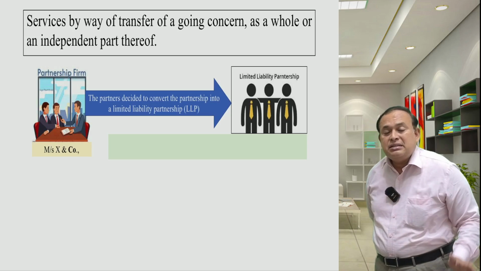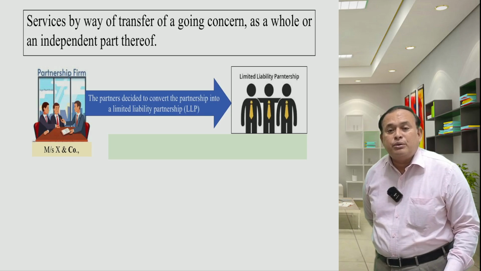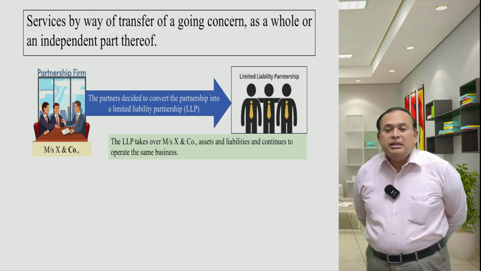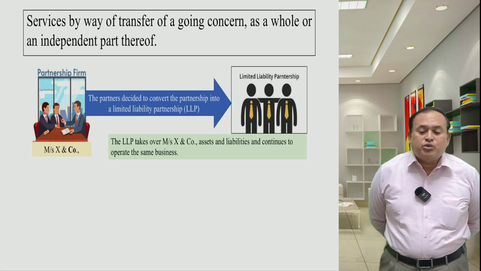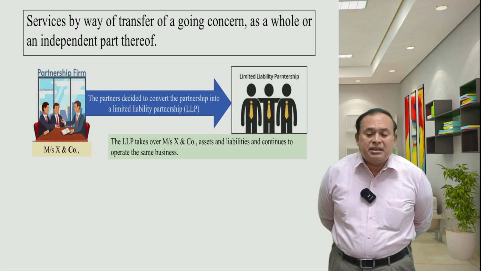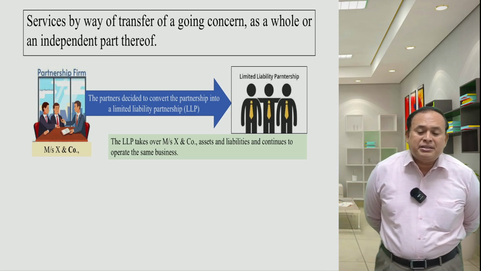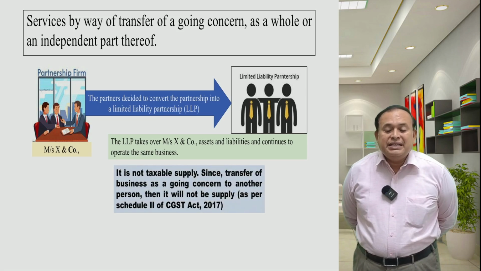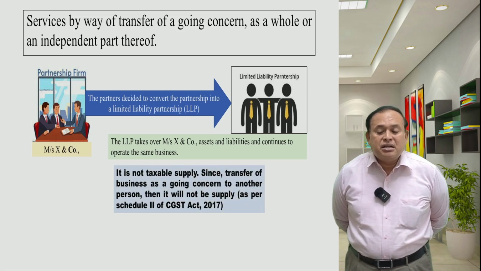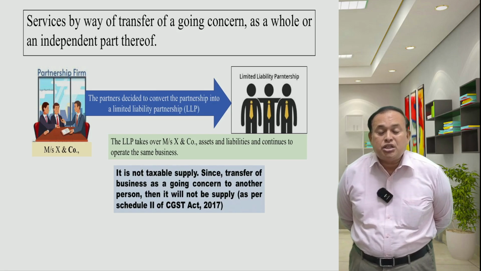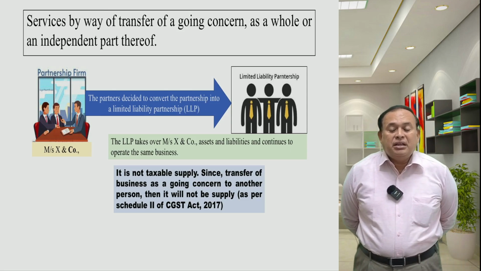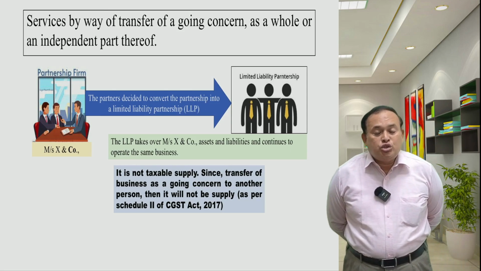In that case, such a transfer is not a supply of goods or services, and those services qualify for exemption. The LLP takes over X company's assets and liabilities and continues to operate the same business. It is not a taxable supply. Since it is a transfer of business as a going concern to another person, it will not be a supply as per Schedule 2 of the CGST Act.